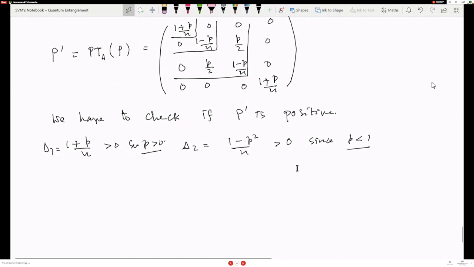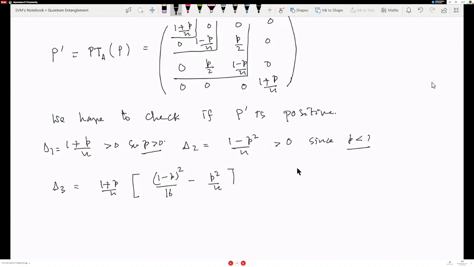Now you have to take the 3 by 3 determinant. That is your delta 3, which is (1 plus p) by 4 into ((1 minus p) whole square by 16 minus p square by 4).